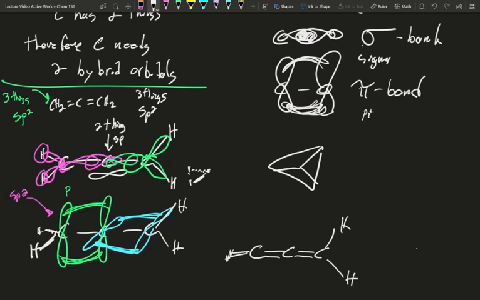If you were to look at it edge on, carbon to carbon to carbon, there's some hydrogens on the far one going this way and some hydrogens on this one going this way. So basically this is an eyeball looking this way. They are perpendicular to one another. This is what we actually see. These p orbitals that aren't used in hybrids are what makes our double and triple bonds.